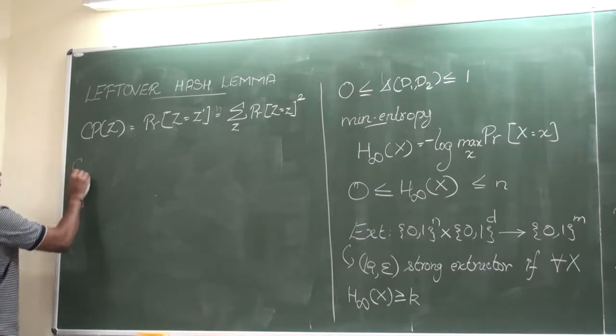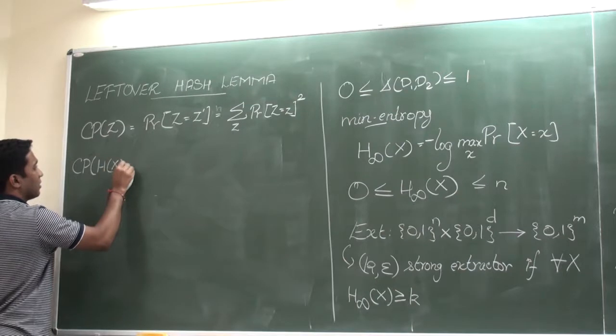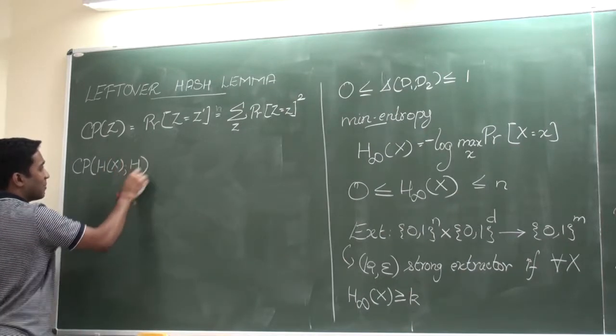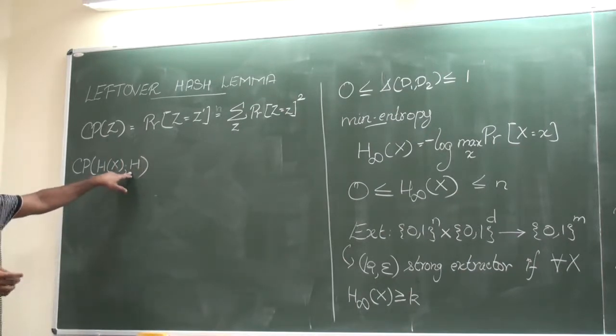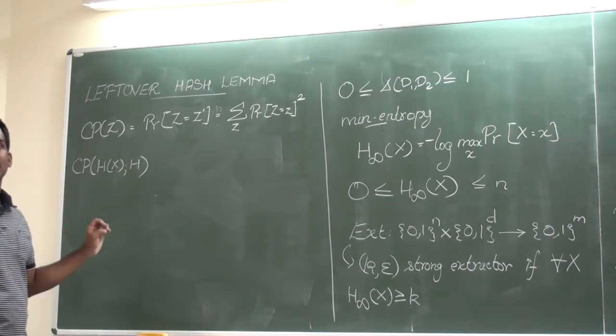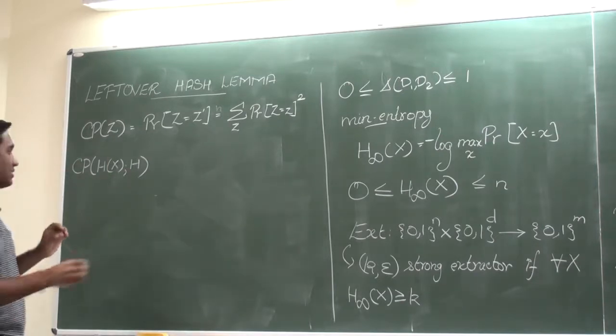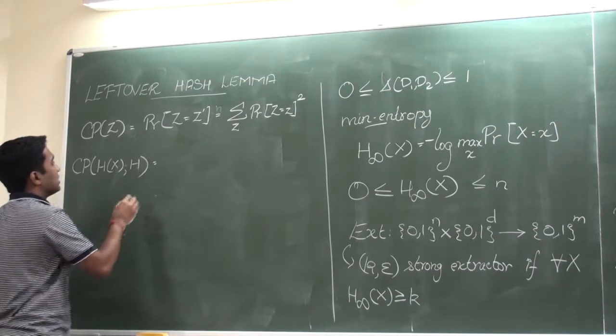So let's look at the collision probability for h of x, comma h. Again, abusing the notation: over here I'll be using h as the hash function itself, but it's actually just the hash function index. So what does this say?